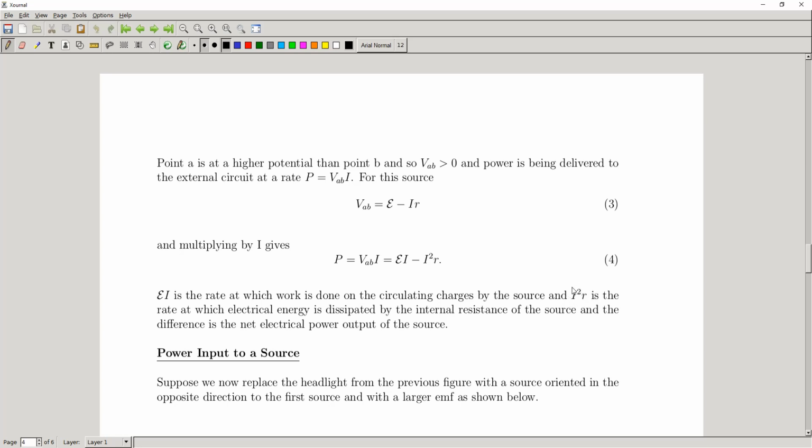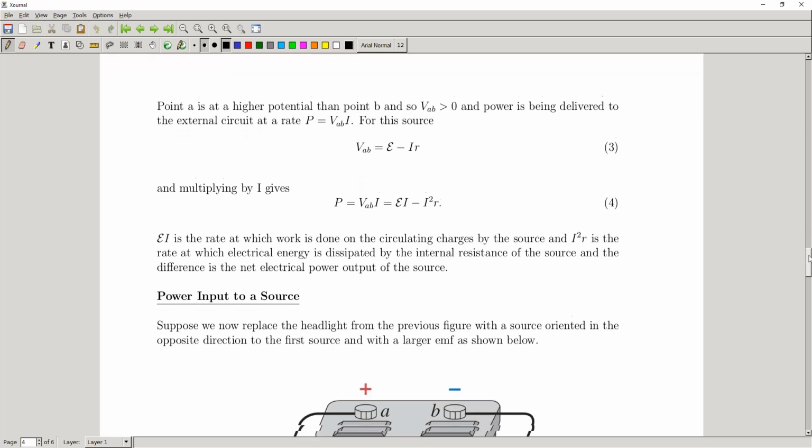And the difference of the rate at which the work is being done on these circulating charges and the rate at which we're bleeding off the power produced by our source, this difference is the net electric power output of this source. It's the net electric power output of our battery. So that's kind of how we want to think about that.